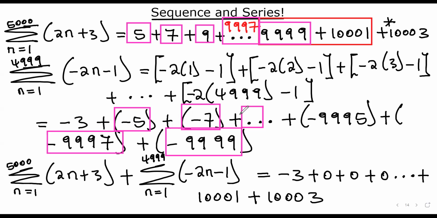Nevertheless, we simply get 20,001. Yes, that is what we get. All those middle terms will give us zeros. Then the survivors will be negative 3, 10,001, as well as 10,003.